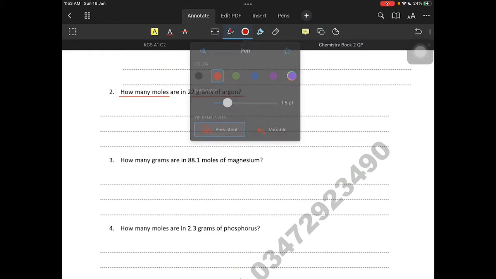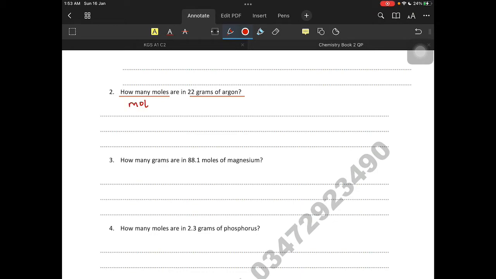Now we know that we are concerned with number of moles equals question mark, and we have the mass equals 22. For argon, since it's an element, we don't have the molecular mass, rather we have the atomic mass equals 39.94. So let's use a calculator.